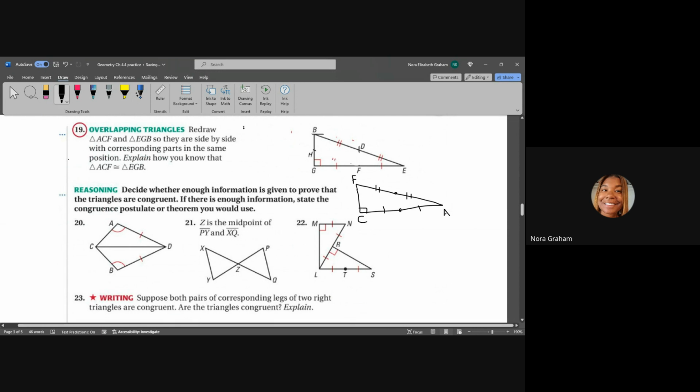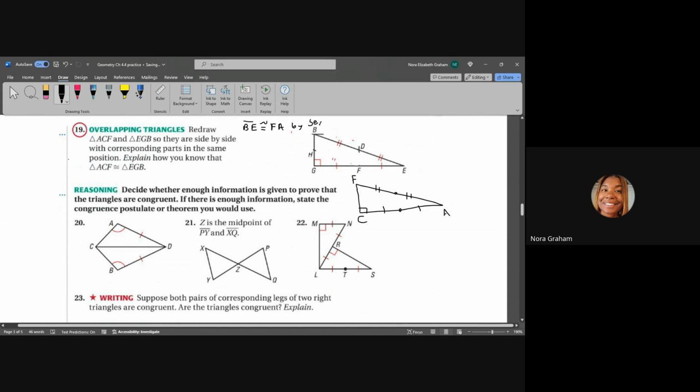Because they both have the same markings, they're both congruent. So if I add both those segments on both of them, they're going to be congruent. So BE is congruent to FA, and we can go by segment addition.